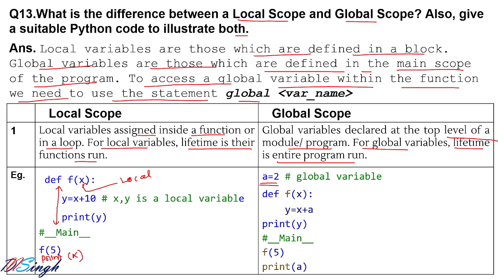So x and y both are local variables to this function f. And as you can see, a is a global variable that can be accessed inside the function. You have to use the global a here. So now this a is going to be used here. The global keyword can be used for accessing a global variable inside the function.